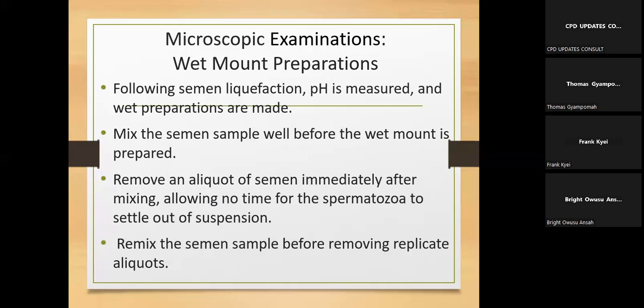Then wet mount preparations. So we said that when a sample comes in, the first thing to do will be your volume, because in the volume measurement, we recommend the application of the weight method. In the weight method, you don't need to allow the specimen to clot or to liquefy. All you need is the weight of the sample that has been delivered.